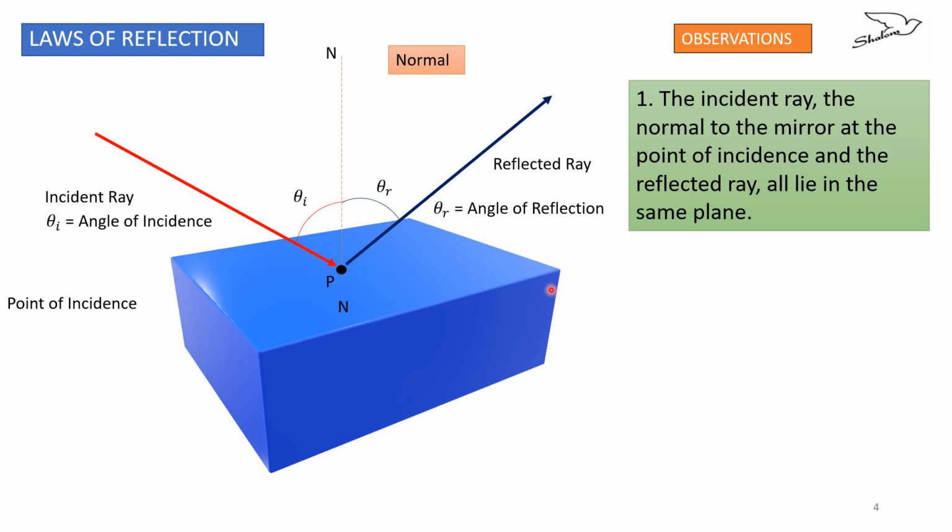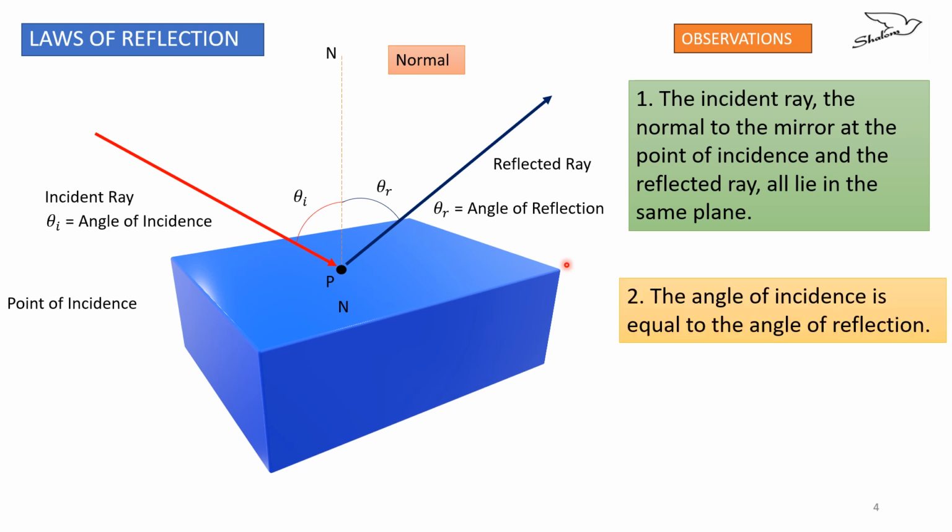The first observation that was made: the incident ray, the normal to the mirror at the point of incidence, and the reflected ray all lie in the same plane. This is the first law of reflection. The second observation that was made: the angle of incidence is equal to the angle of reflection.